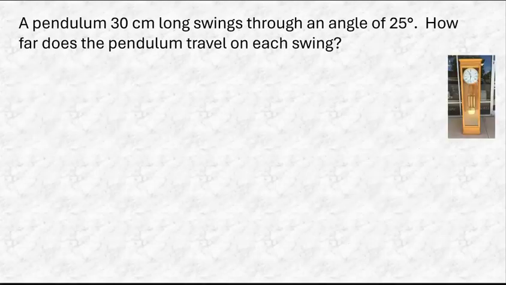In this example, we are looking at the pendulum of a grandfather clock. This is real-world application of this. So let's take a look. When we talk about the motion of an object, we're talking about the length. So we're going to use arc length over 2 pi r is equal to squiggly circle over 360.